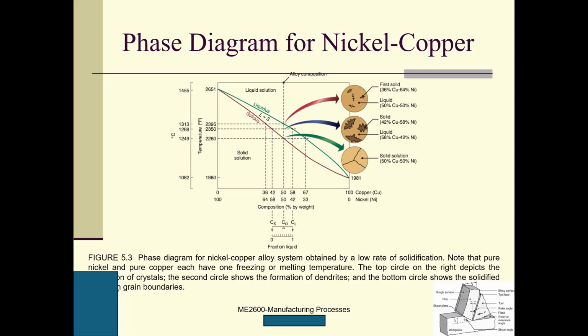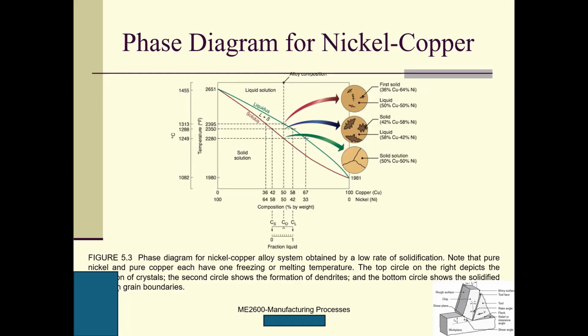If we lower the temperature, this line passes the liquidus, and then we will have liquid and solid. Once this line passes this point, which corresponds to 2280 degrees F, we will only have the solid.